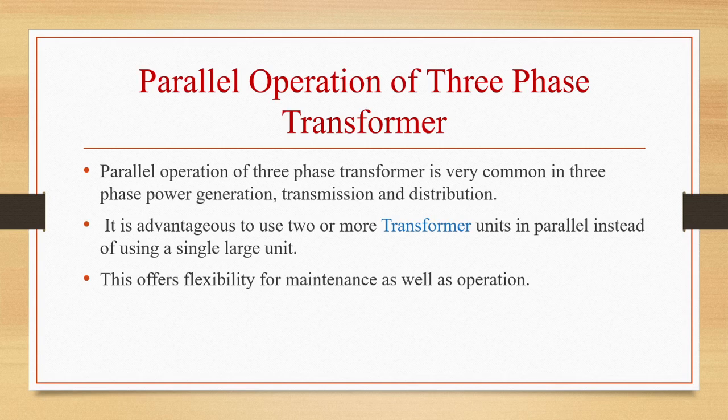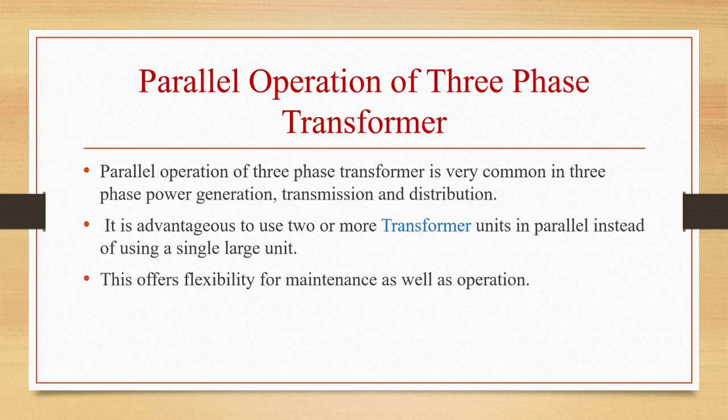As I said earlier, there are three important uses or needs of parallel operation. First, if one of the transformers fails, then the other two can keep working, giving continuous supply to the consumers. Second, if the load is increased, then we can add an extra transformer in parallel.